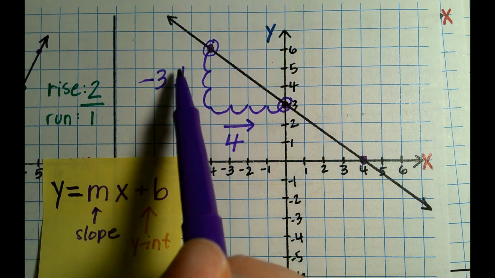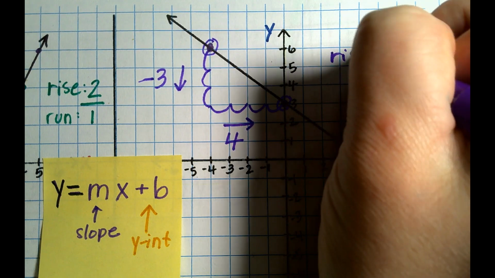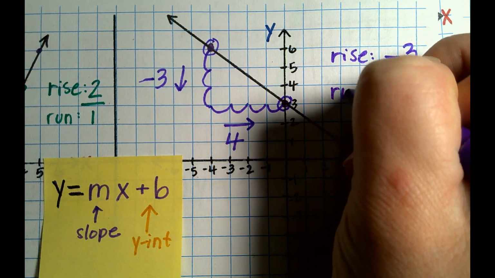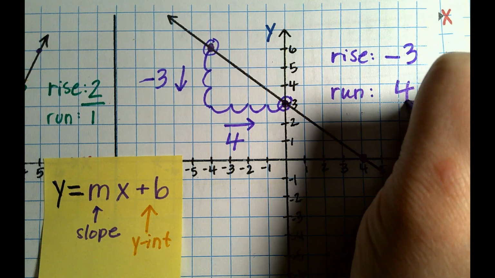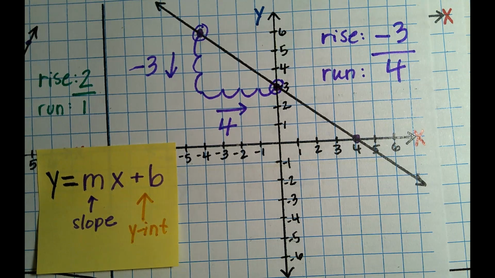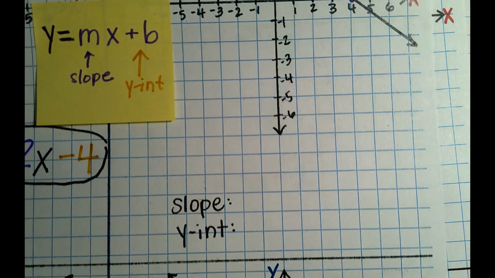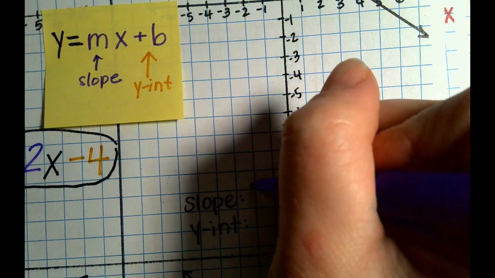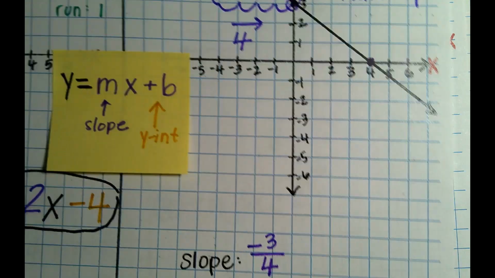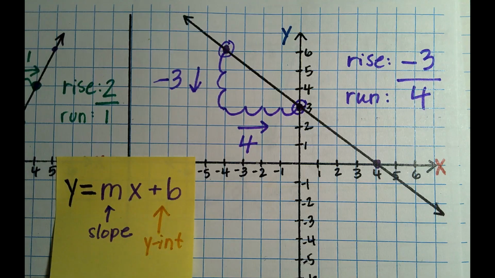So, if our rise is -3, and our run is 4, what's our slope? -3/4. Good. We're just sticking those numbers in, so I'm going to write that down here. -3/4.